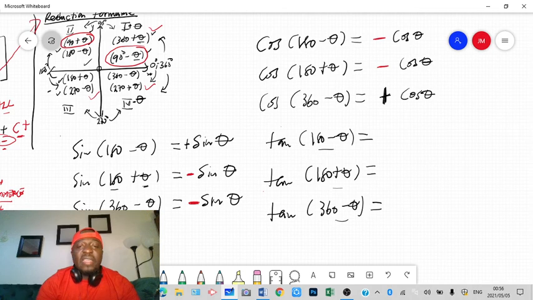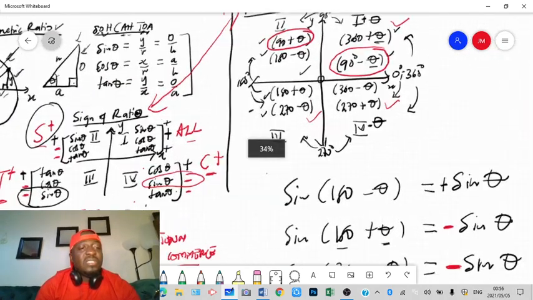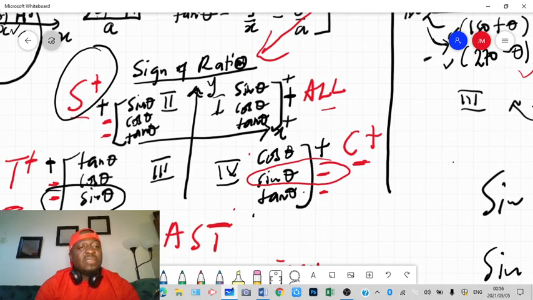What is the sign of tan? 180 minus theta is in the second quadrant. If you look at the sign of tan in the second quadrant, we discover that it's minus. In the third quadrant it is a plus, and in the fourth it is minus.